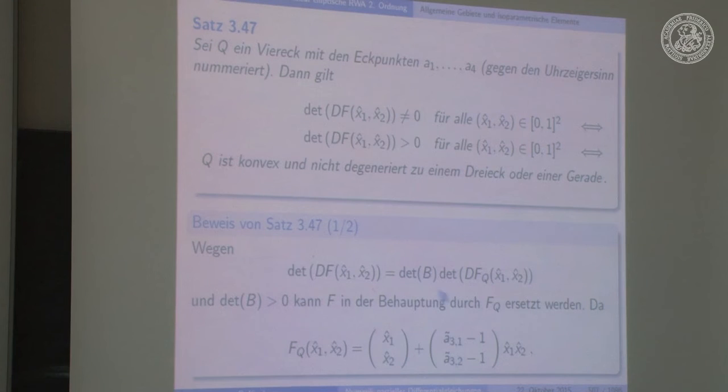But if I have at least one 0, this term vanishes and the node is fixed. And the other node, which is just the node with the index 1, 1, has to be mapped to A3 tilde. And that is also what happens here. A3 tilde minus 1 plus 1. Okay, so this is the function.